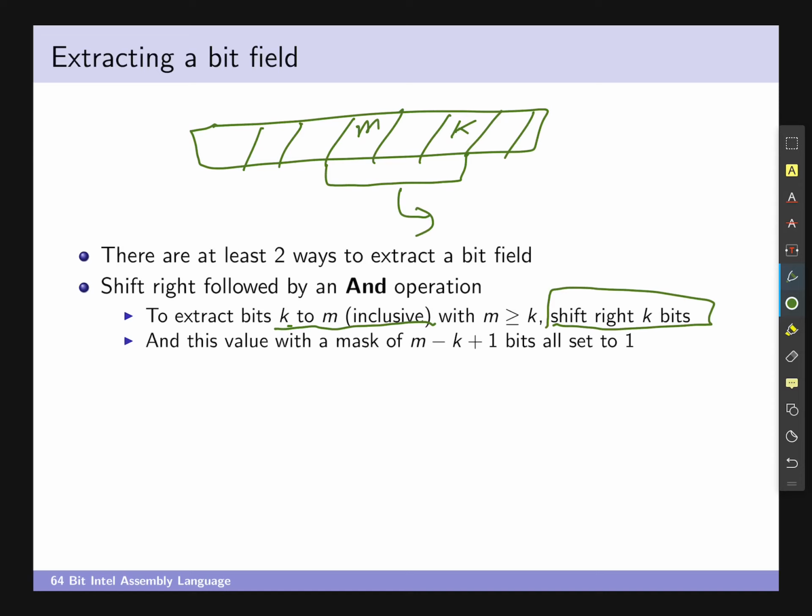And once we've shifted right k bits, that will end up putting bit k at the lowest order bit. Then we're going to AND this value with a mask of m minus k plus 1 bits, where this mask has all entries set to 1. And that will have extracted the field that we want.